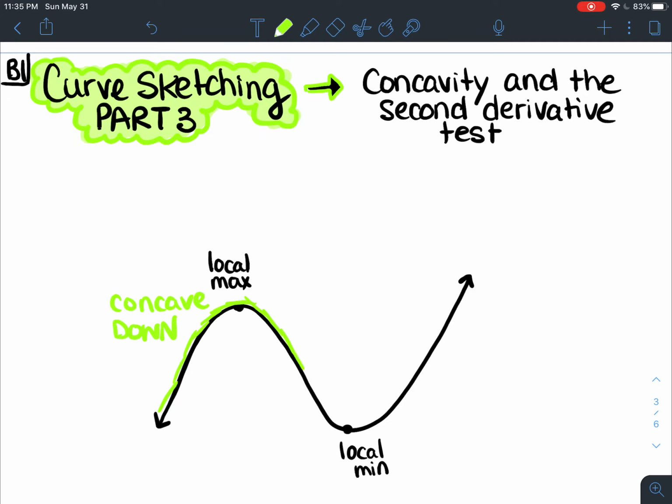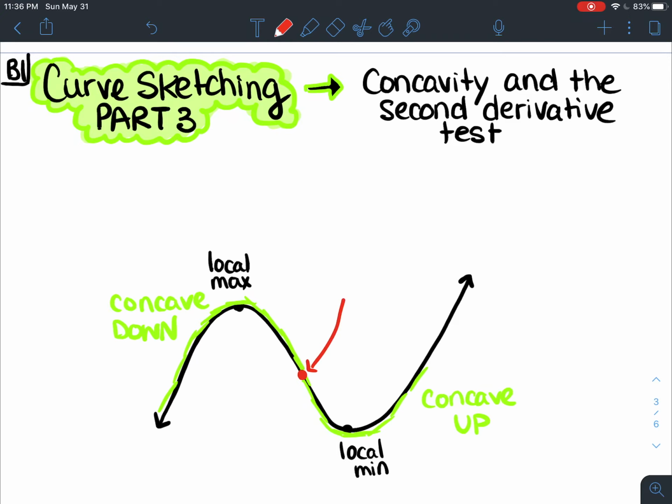And then as soon as you're drawing the tangent lines, as soon as they switch to start going below the curve, now we would call that section concave up. Okay, so there's two sections on this graph. There's a concave down area and a concave up area. Right at that spot where it goes from concave down to concave up, there's this point where they switch from the tangent line being on the top to the bottom.